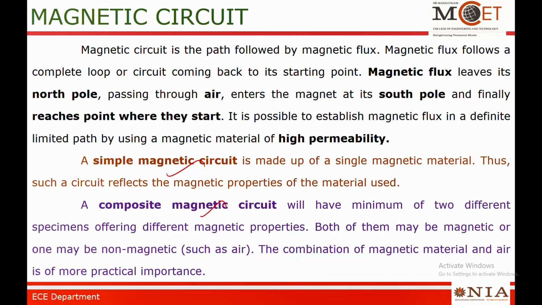The composite circuit has a larger number of magnetic substances with two different magnetic properties, which may be magnetic or non-magnetic. The non-magnetic one can be related to air or vacuum. This combination of magnetic material and air is practically important.